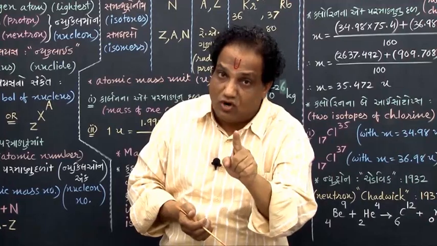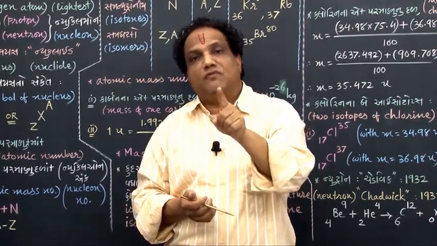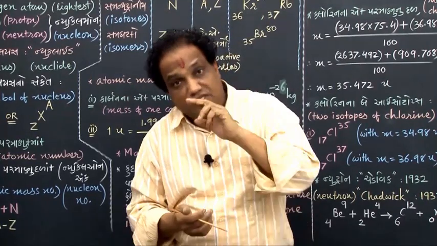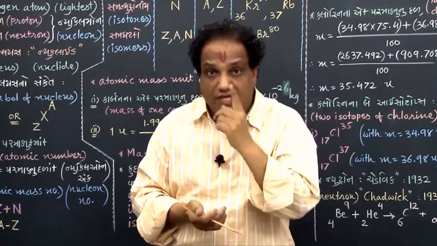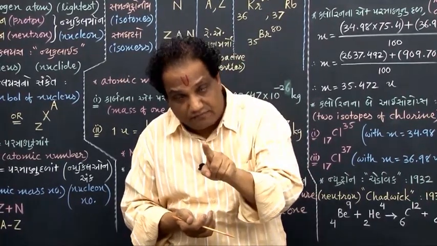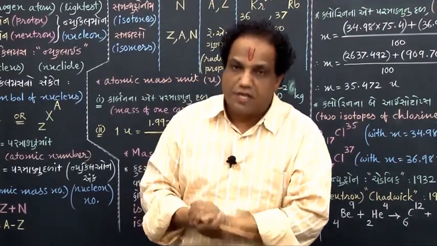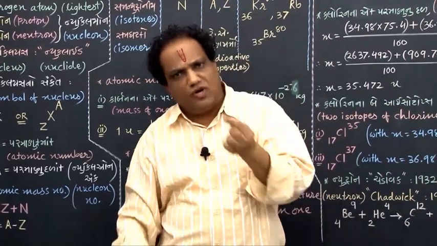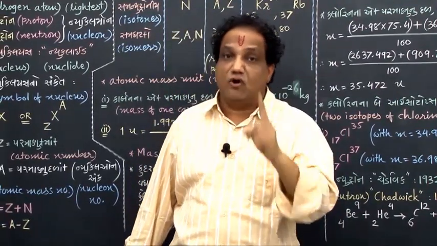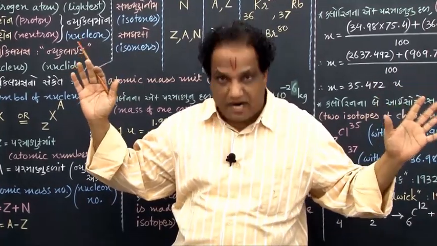In the nucleus of deuterium atom, there is one proton and one neutron also. In the nucleus of tritium atom, there is one proton and two neutrons. But right now we are talking about simple hydrogen, which has only one proton in the nucleus. It is the lightest atom among all the atoms of different elements.